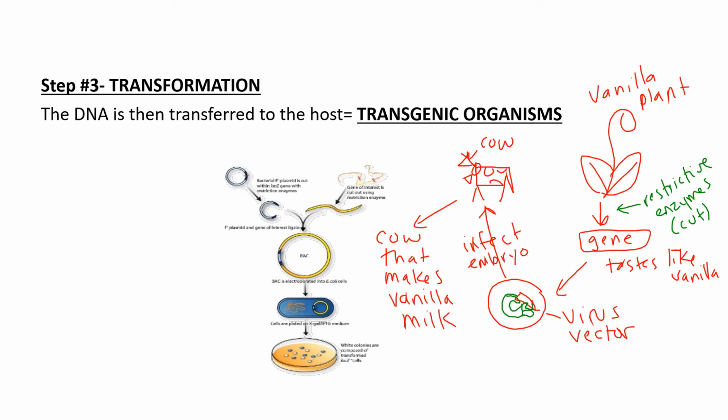So you're not trying to insert this into a grown-up cow. You're inserting it into the first cell of a cow. And then when your cow grows up, it would potentially make vanilla flavored milk. Wouldn't that be lovely? I think chocolate would be more fun. But yeah, so that is our three steps of genetic engineering.